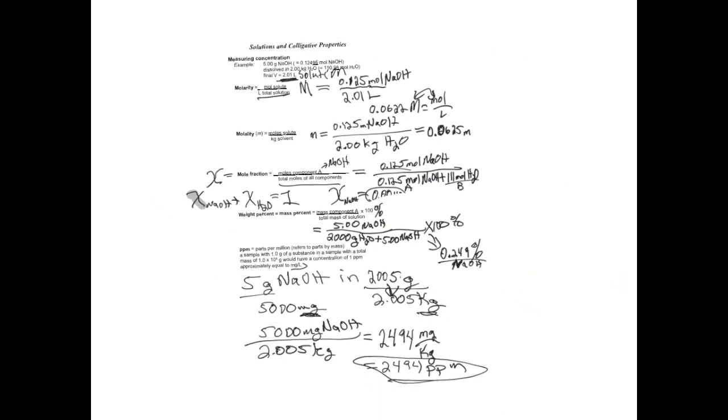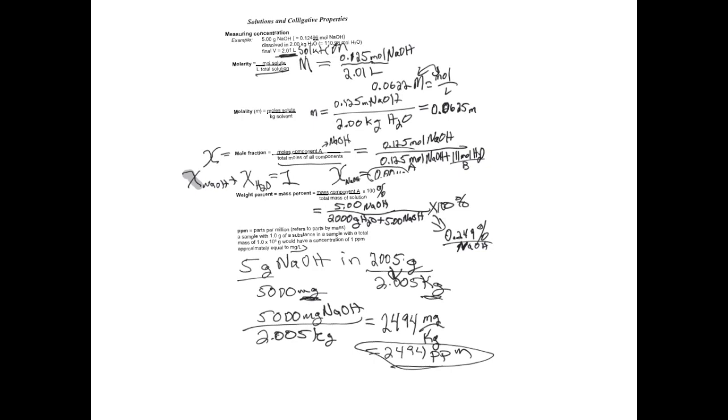And a milligram per kilogram, because there's 1 million milligrams in 1 kilogram, it's the same number, but it's also in ppm. So that's an example of how to use this data that I just gave you and to calculate all of these different things.